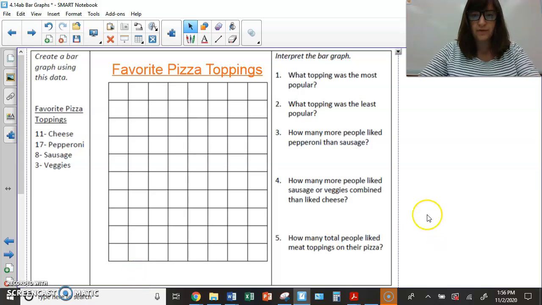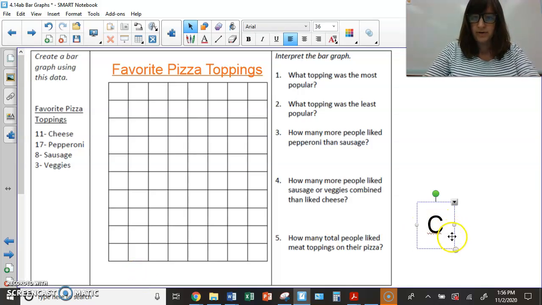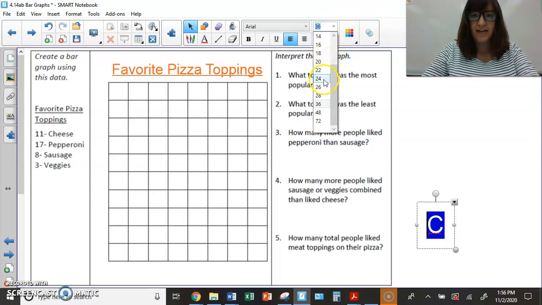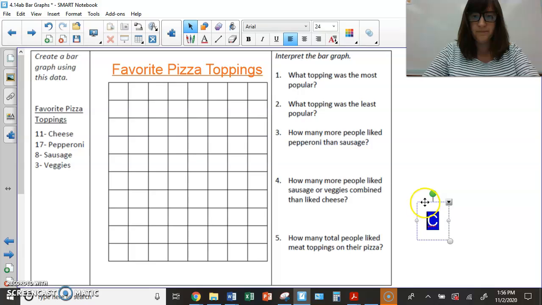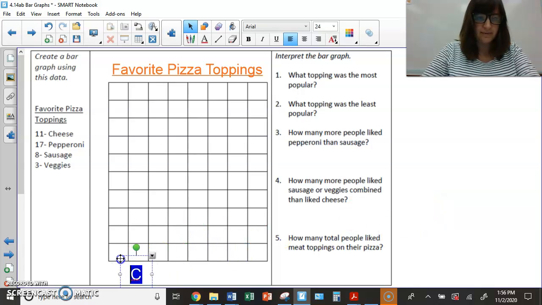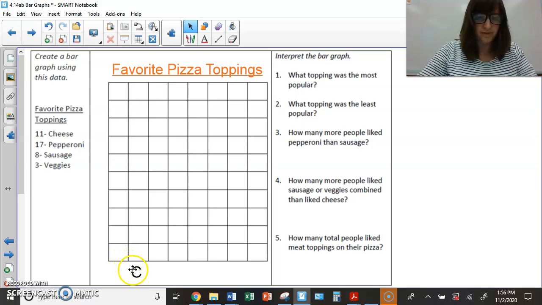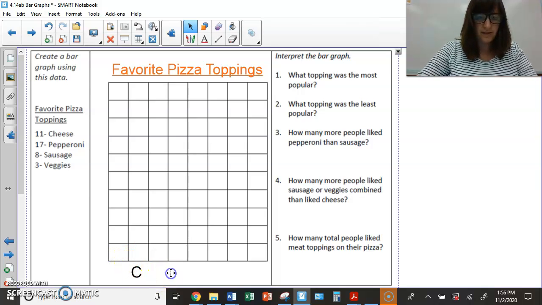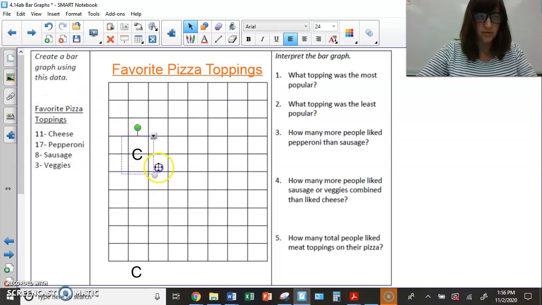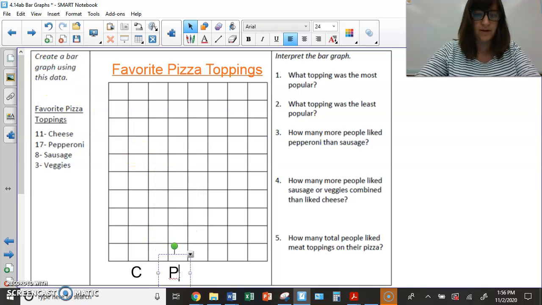Okay, so for one of them, we're going to make that the cheese. So that is going to go right here, and I'm going to label it C just to abbreviate. Then right here, we're going to make this pepperoni.